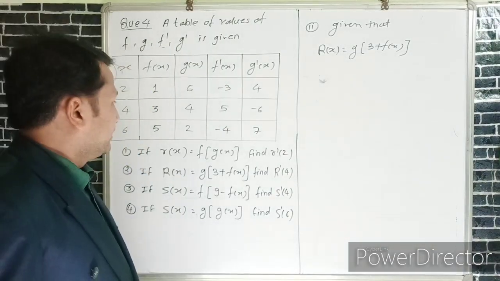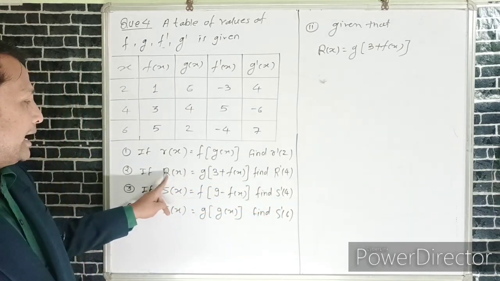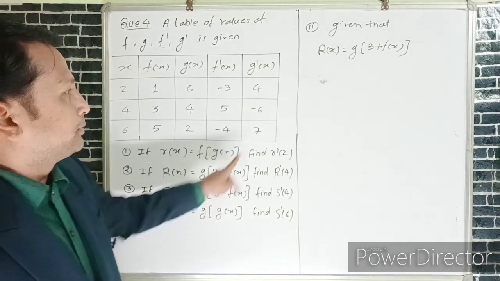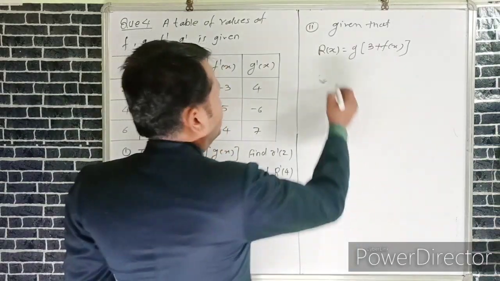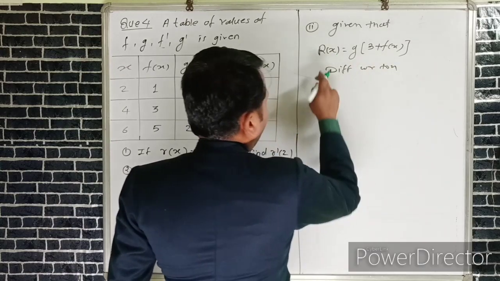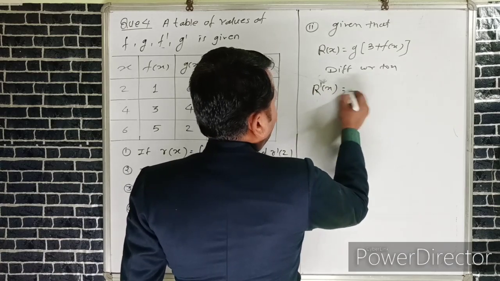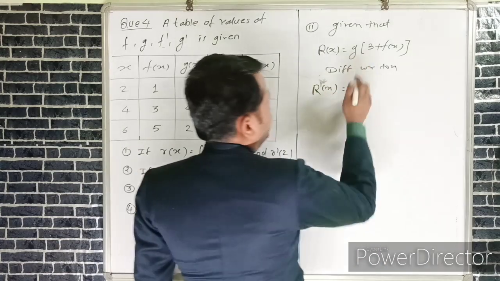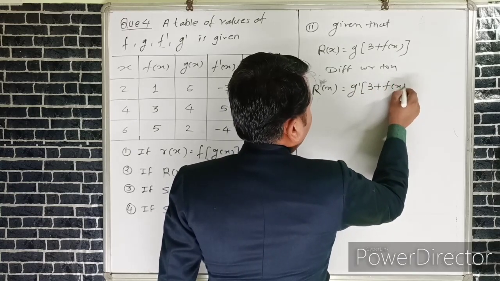Secondly, we have to find the value of R dash of 4. Here, given that R of x is equal to g of 3 plus f of x. If we differentiate with respect to x, we get R dash of x is equal to the derivative of g, which is g dash of 3 plus f of x.